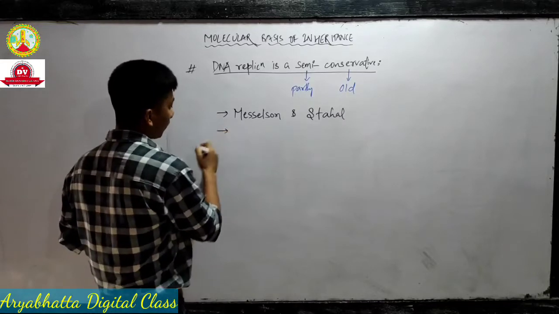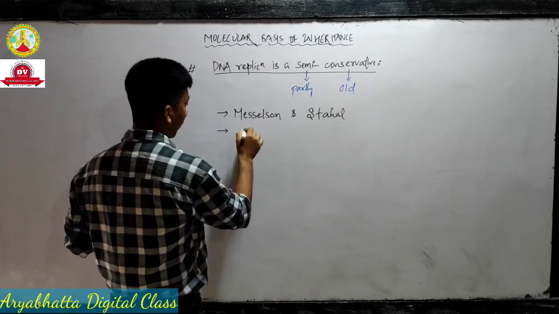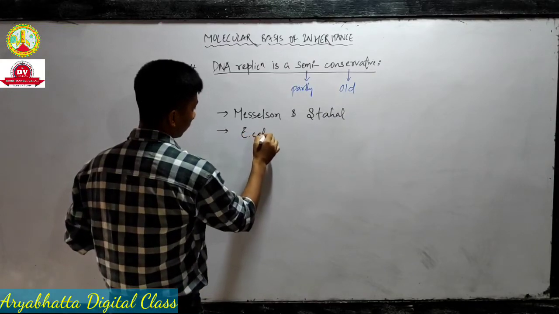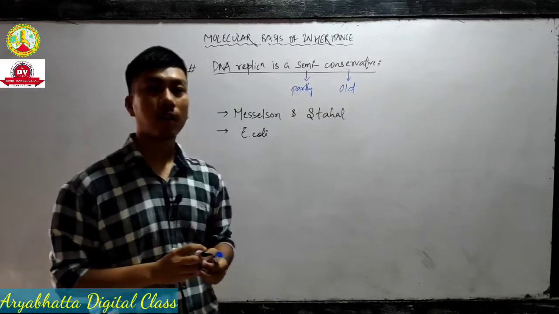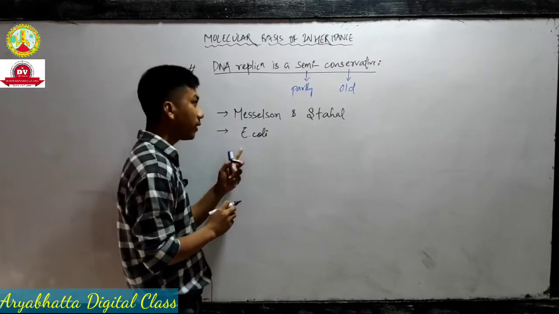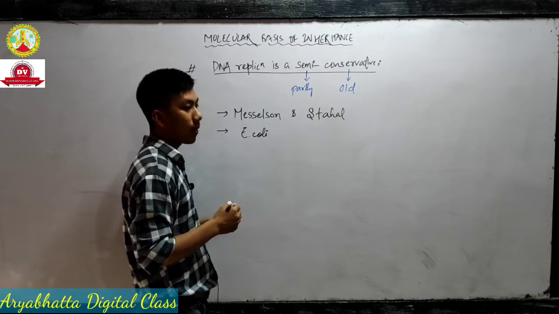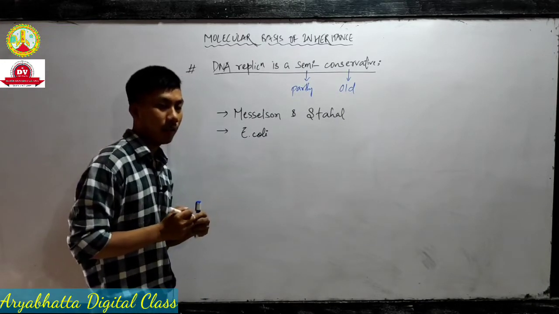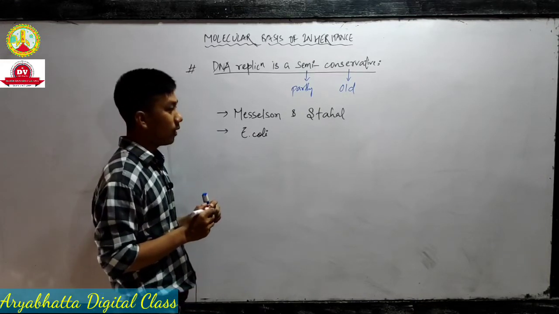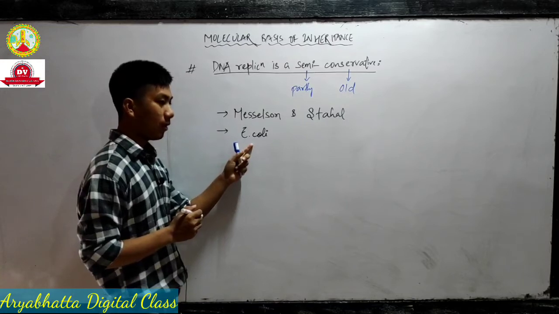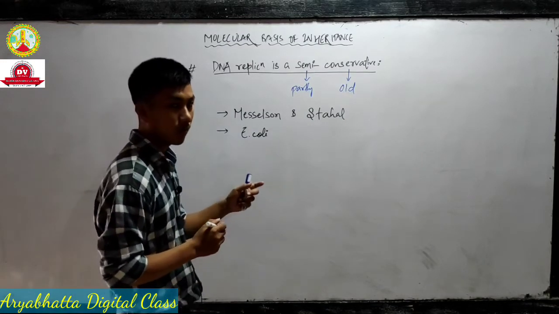So these two scientists used a bacterium, E. coli, to perform this experiment. You know, E. coli is a very important bacterium. In every biological study or biotechnological process, E. coli always plays a very important role.